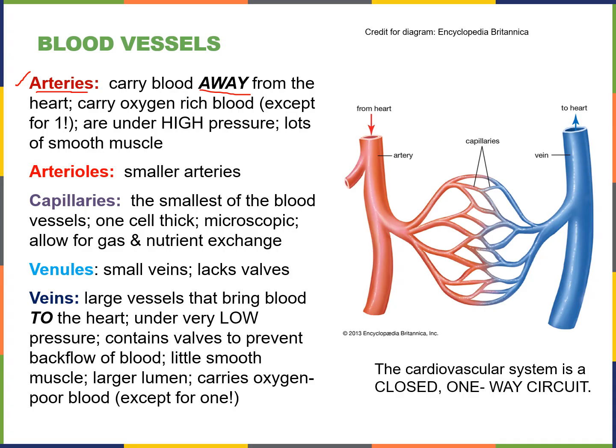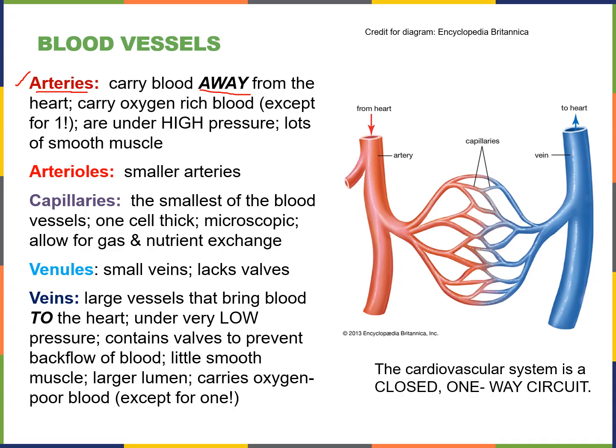Do all arteries carry oxygen-rich blood? The answer is yes, except for one. The pulmonary artery, which you will learn about, does not carry oxygen-rich blood. So for this reason, in most diagrams and textbooks, you will see arteries shown in red and veins shown in blue, because when blood has a lot of oxygen in it, it appears bright red.